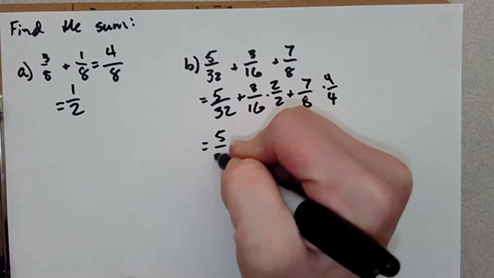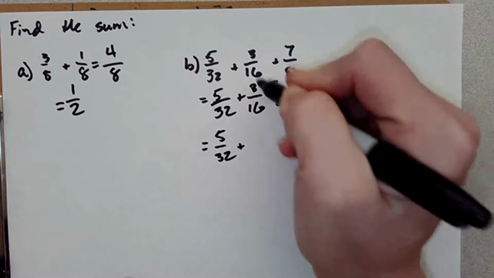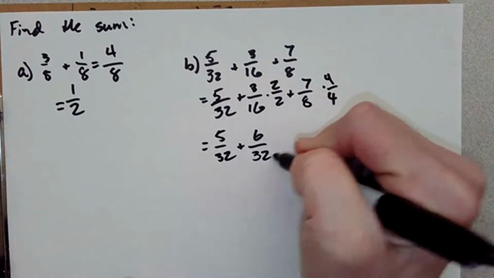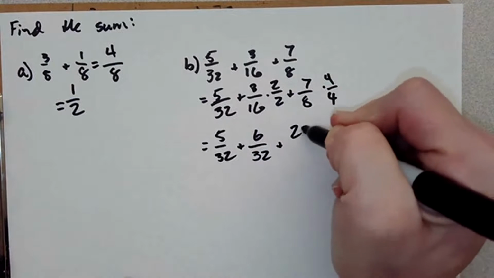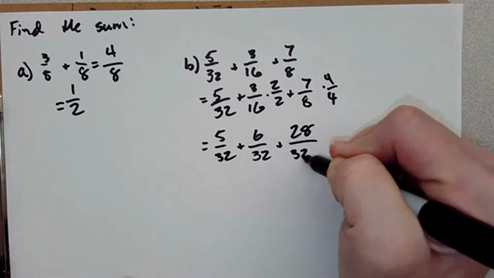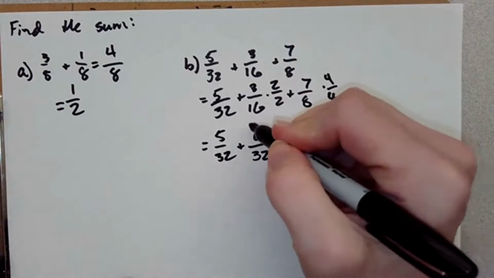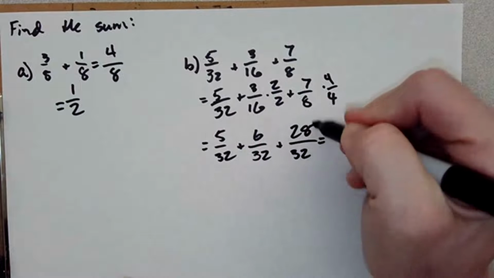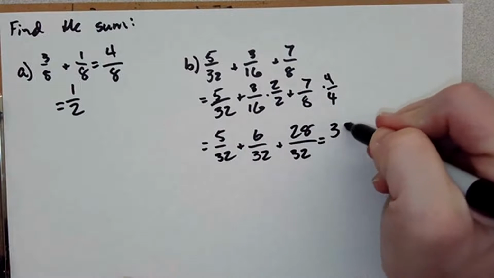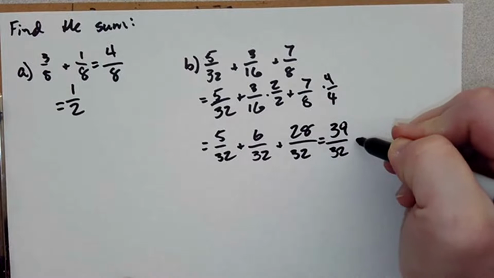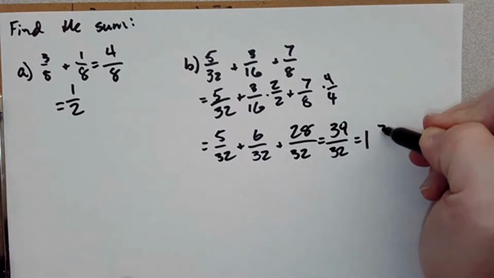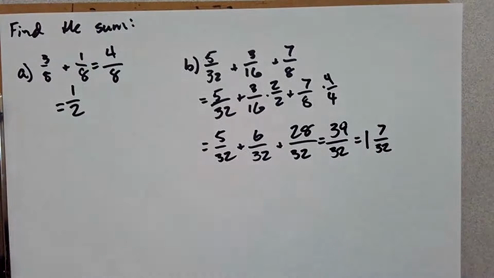So that's 5 over 32 plus 6 over 32 plus 28 over 32, which gives us 11 plus 28 is 39 over 32, or 1 and 7/32.